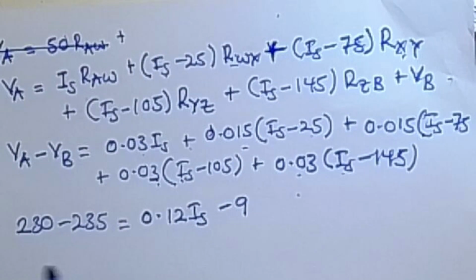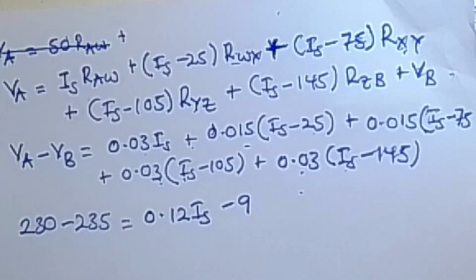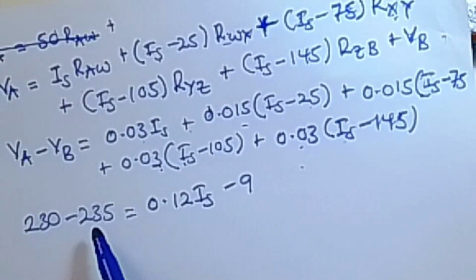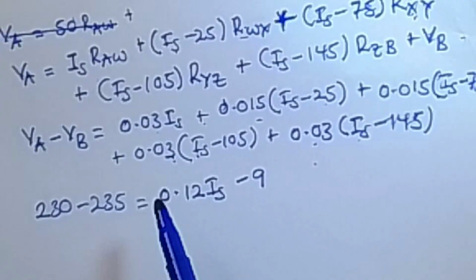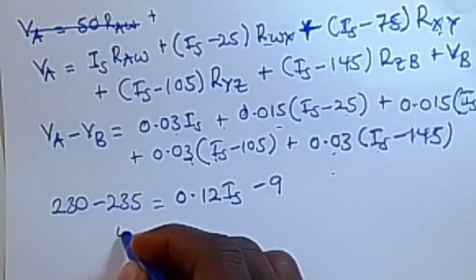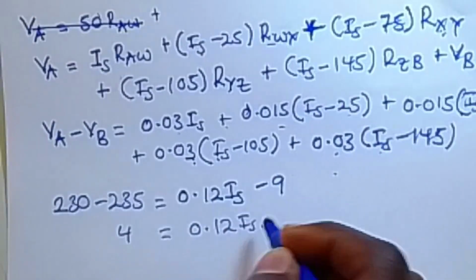So when I also calculate for this side, I'm getting 230 minus 235, that's a negative 5. So negative 5, when I take it to this side, it becomes a positive. So 9 minus 5 is giving me a 4. So I will have that 4 is equal to 0.12 IS.